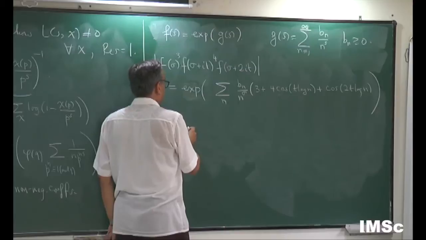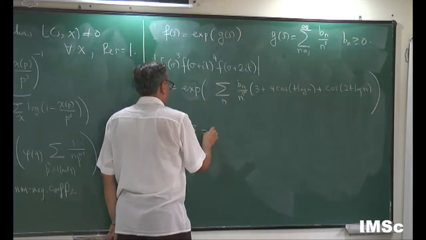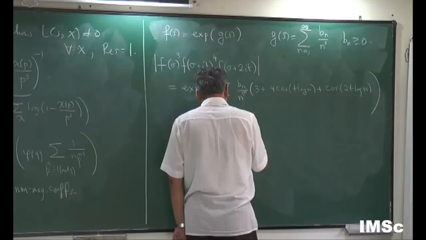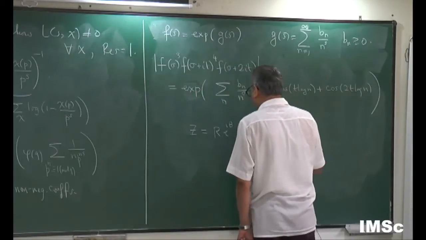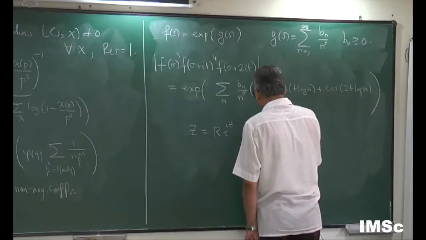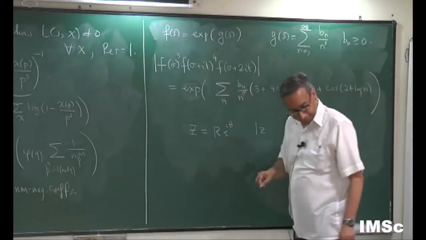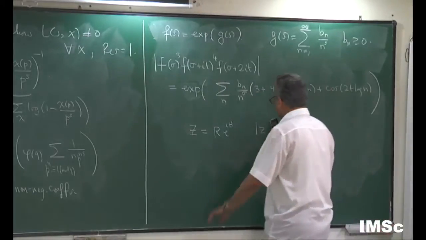I'm basically saying that z can be written as r e to the i theta. So mod z, of course, is equal to, sorry.